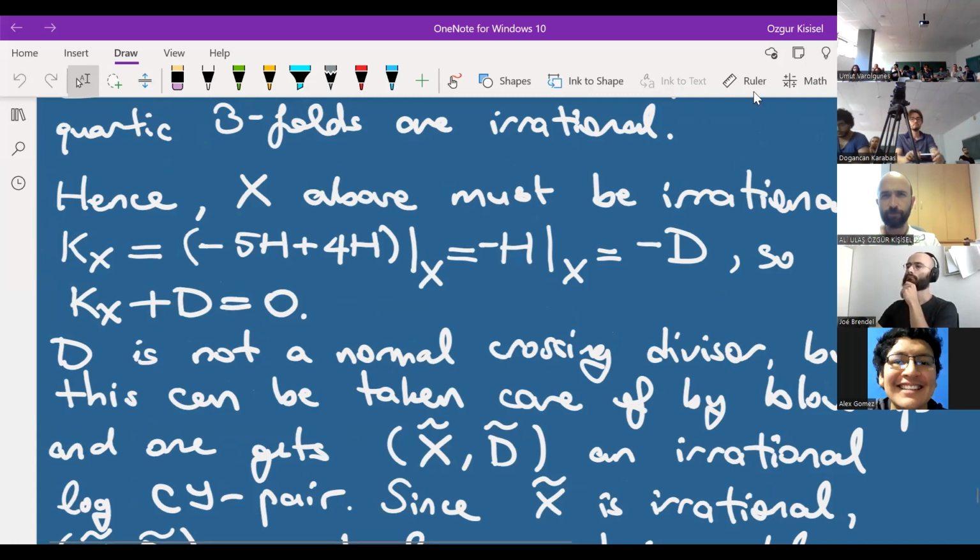Any comments? Yeah, I have a question, but it is only about the names. For example, for P2, if we speak about the derived category, I think it will be the canonical bundle in the Nicola hierarchy.